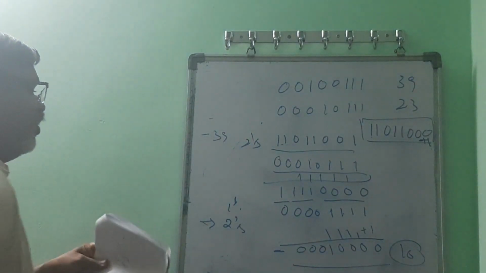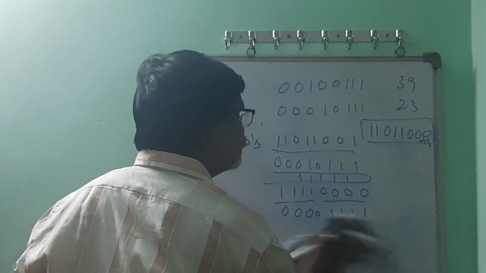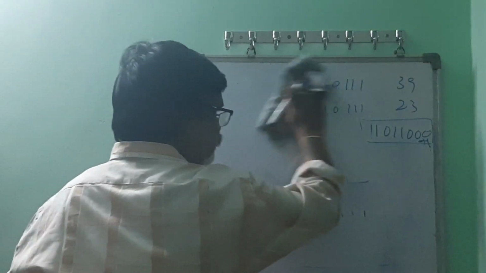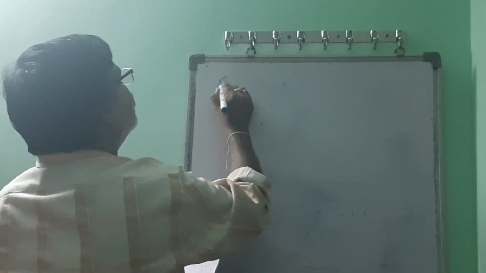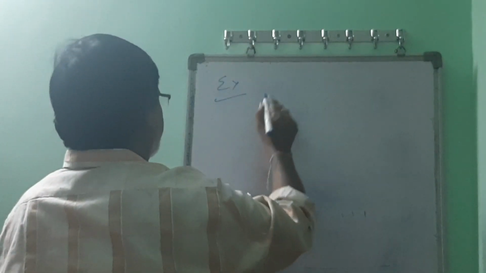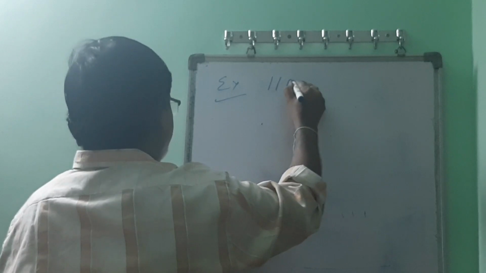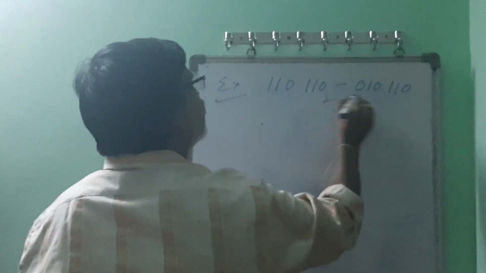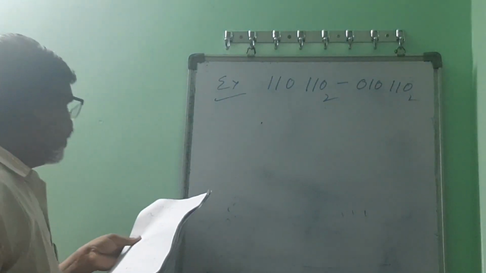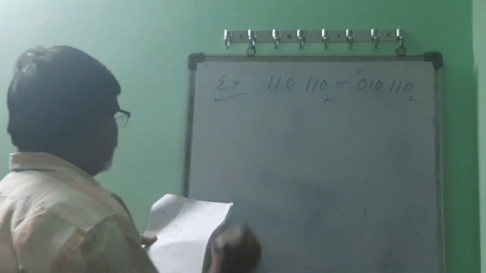Let's take one more example for better understanding. So 1 1 0 1 1 0 minus 0 1 0 1 1 0. Both are binary values. So first you calculate the 2's complement of the second number.